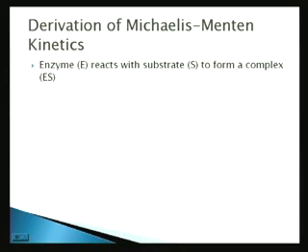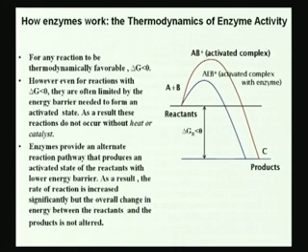Because if you remember, when we did the thermodynamics of it, in the presence of the enzyme a complex is formed, which is AEB. But here we are not dealing with two substrates. That diagram is for two substrates, A plus B, but now we are dealing with only a single substrate. As a result, S is going to react with the enzyme to form a complex SE, which will then go to the product.